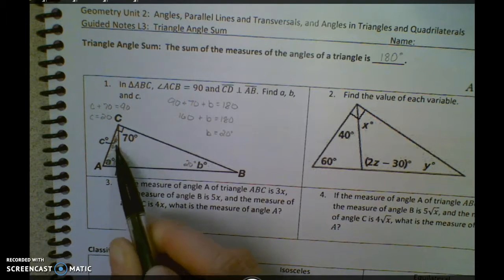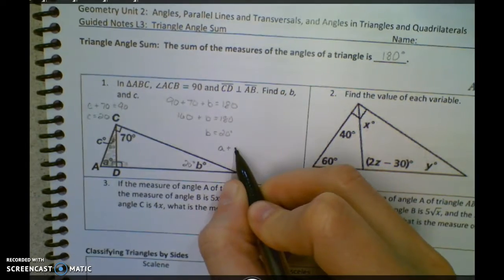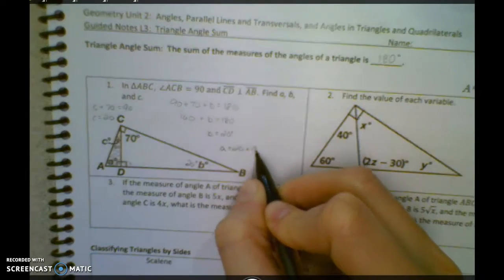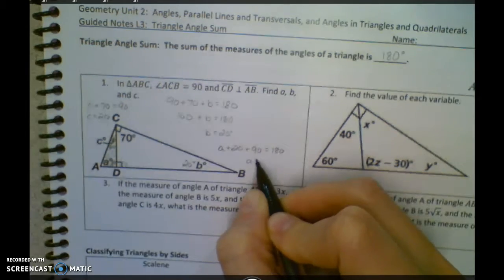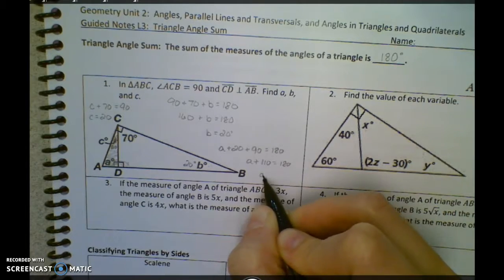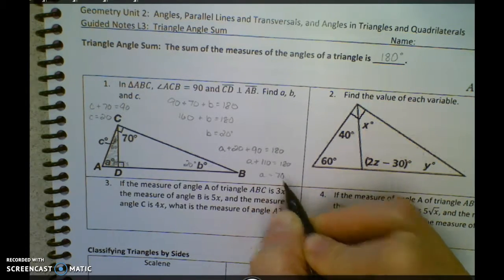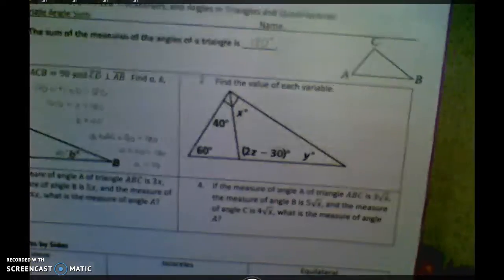So these three angles, A and 20 and 90, will have to sum to 180 degrees. I'm going to add the two that I know, which gets me 110. I'm going to subtract those from 180, sorry about the focusing issues, and I get 70 degrees. So now we found all three angles, only using the fact that triangles add up to 180 degrees.